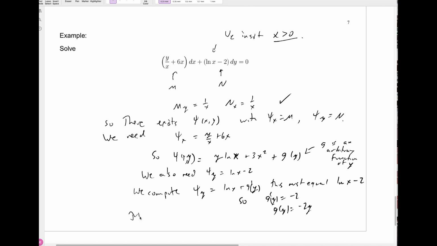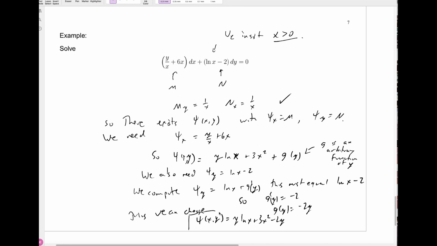And thus, we can choose C of x, y equals this stuff, y log x plus 3x squared minus 2y.